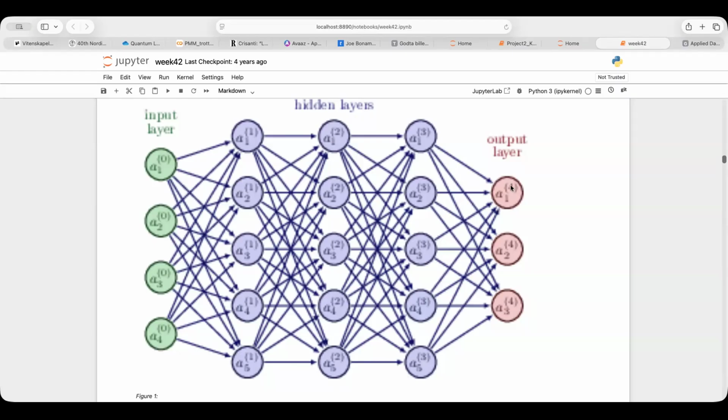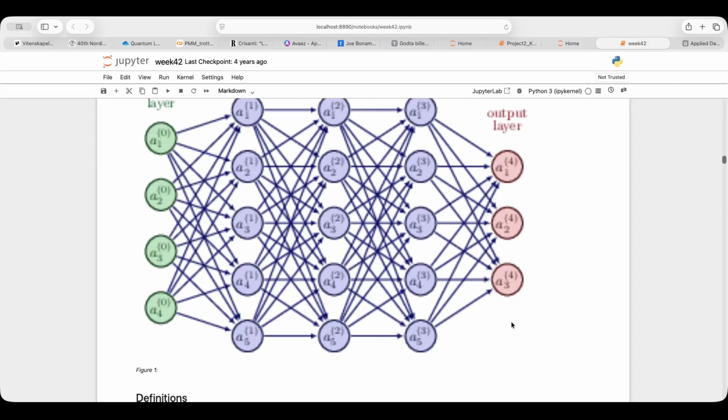If I have a classification problem with 3 classes, I will have 3 output nodes. So this could be output type 1, output type 2, and output type 3. We are going to have now 10 types of images, the handwritten numbers from 0 to 9. So we will have 10 output categories, and there will be 10 output nodes.